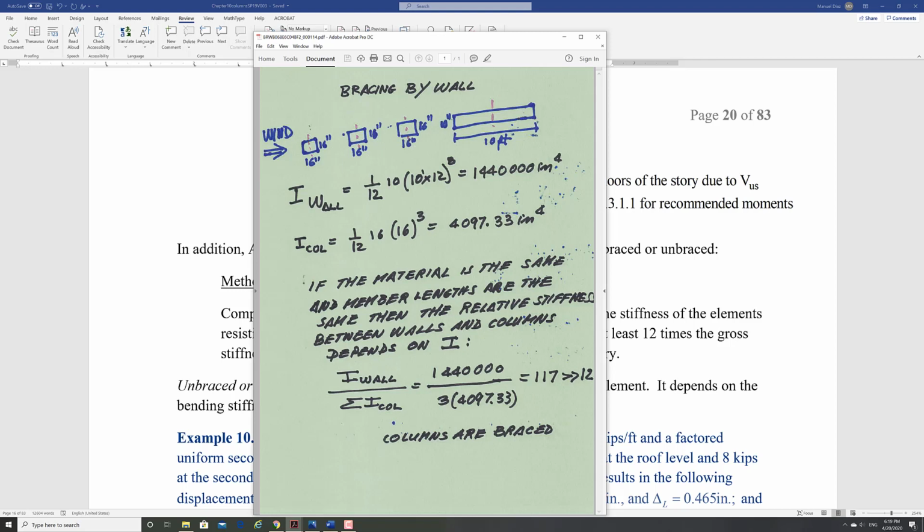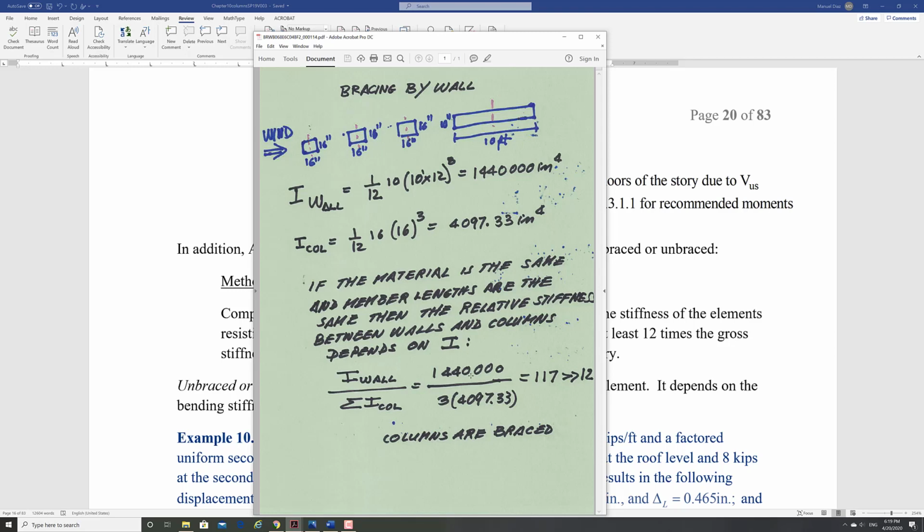All right. So assuming that you have the same material and the lengths are the same, which is typical for one story, then your stiffness depends only on the I value. You should remember this from doing the Hardy Cross, the moment distribution method.